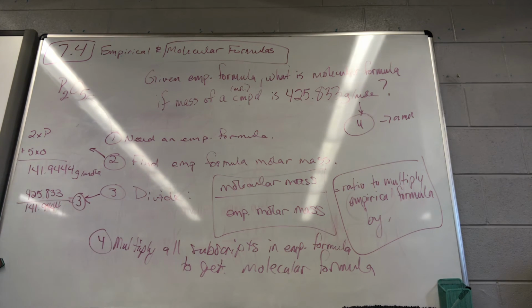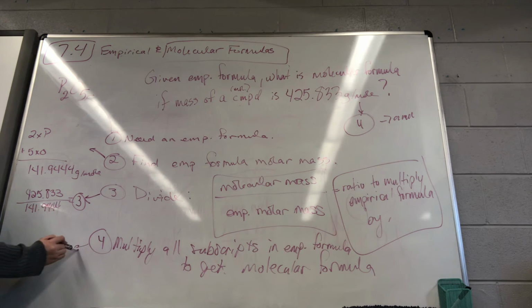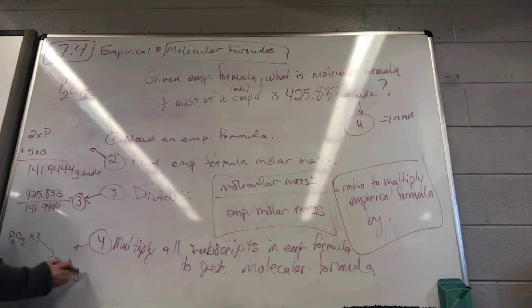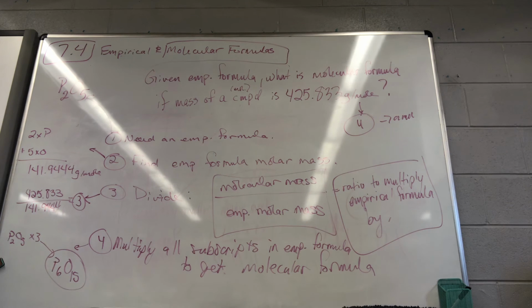You're hoping for a whole number, so that's good. All right, so then our last step is to take P2O5 and multiply all of the subscripts by 3 to get a molecular formula, P6O15. Okay?